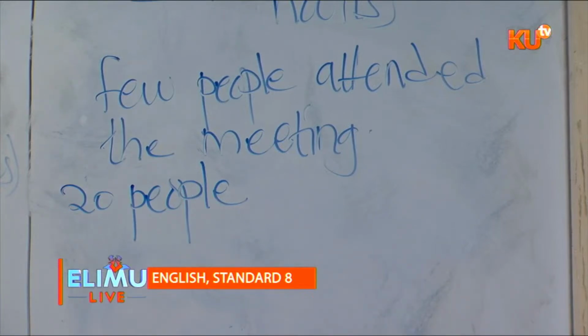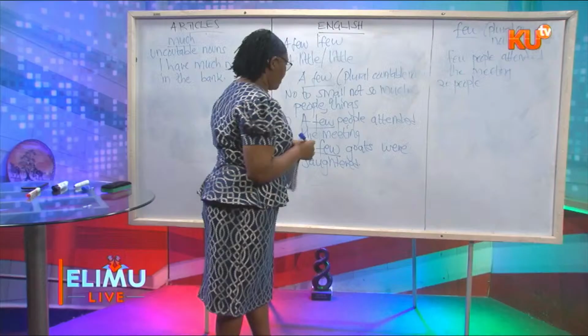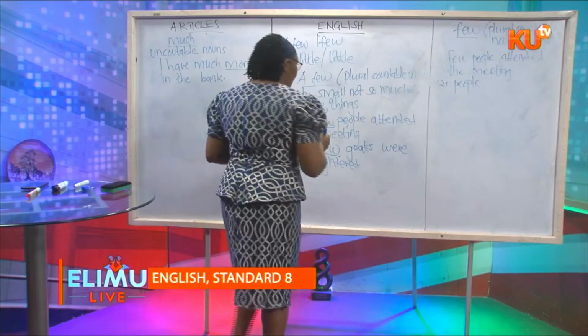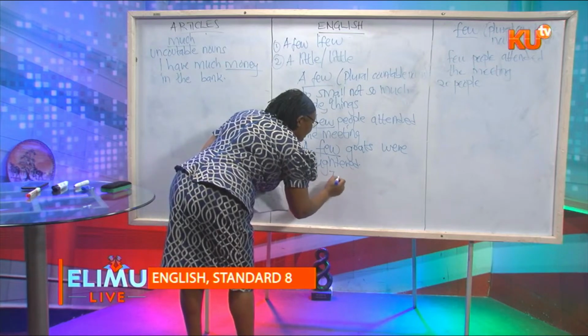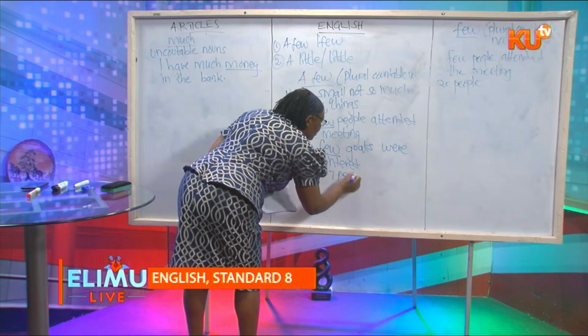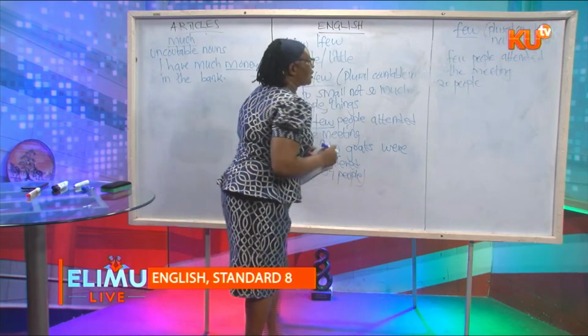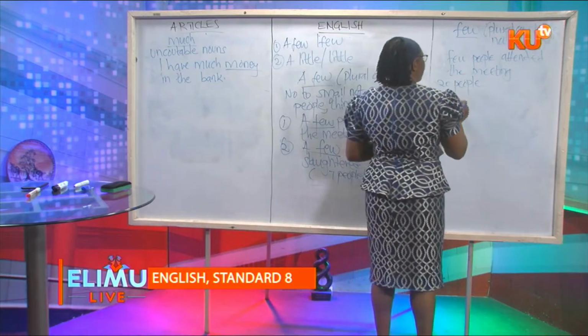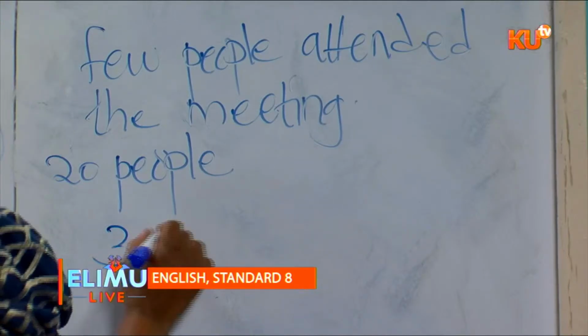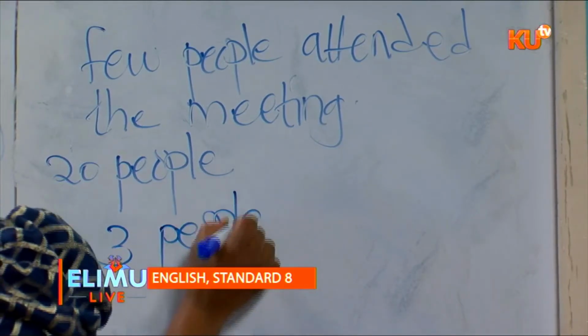So in this case, when you are using a few, maybe you have 7 people attending the meeting, and when you are using few, you have 3 people attending the meeting.